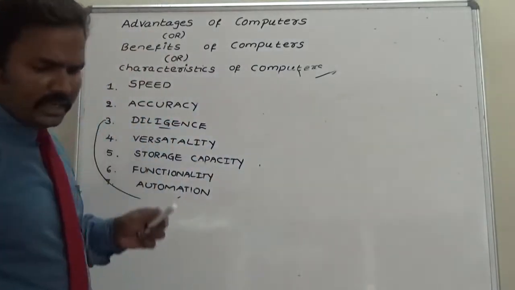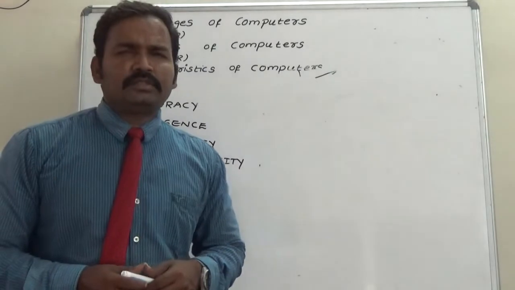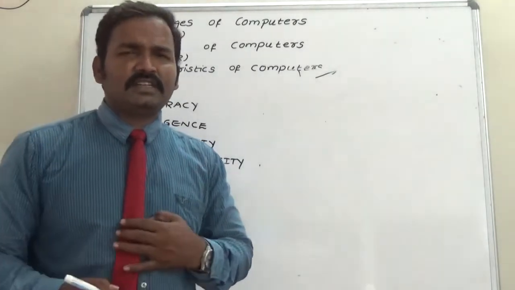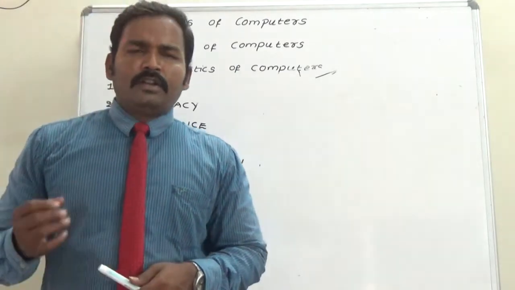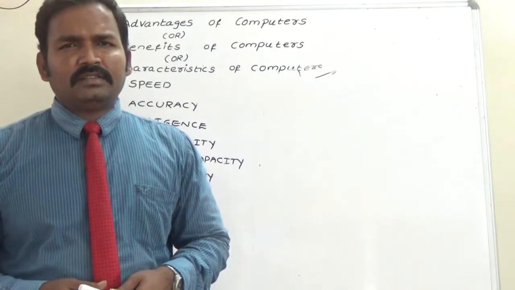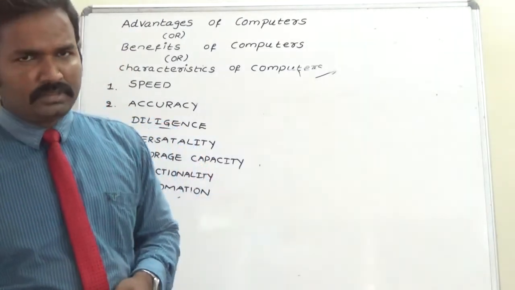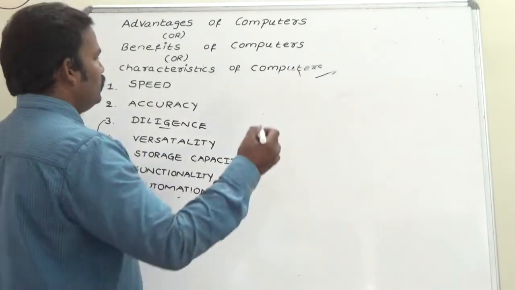Right, so functionality, computer can perform many kinds of jobs. So not only does it process the data, it can perform various or many kinds of jobs. Okay, so what are the jobs here?